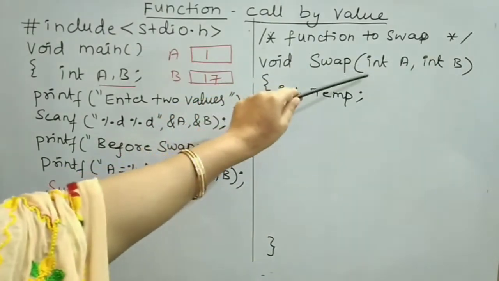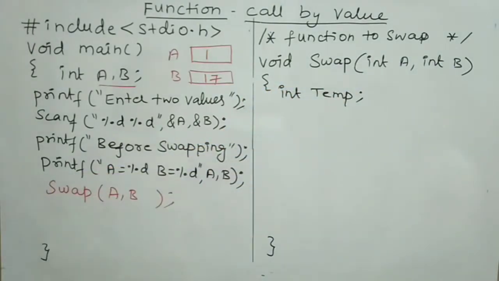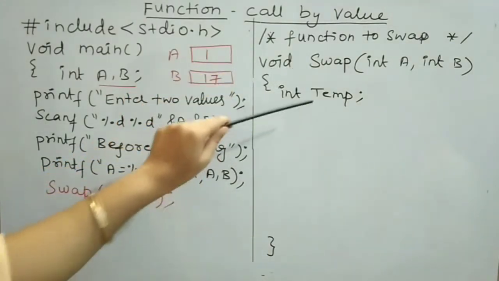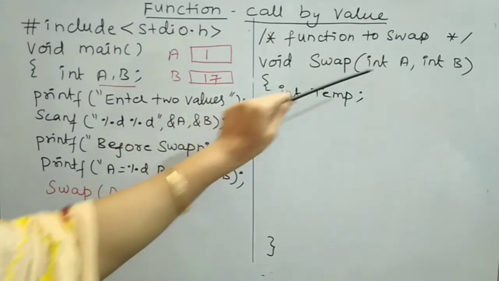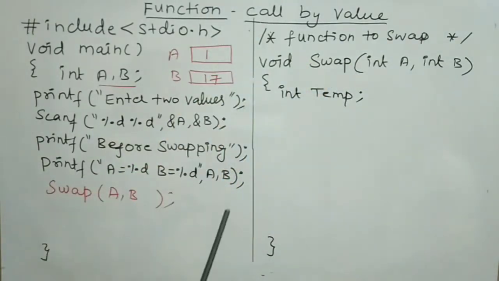In the function prototype as arguments, I have defined two variables a and b. Once the compiler sees its declaration and definition, it will allocate memory for those variables which are declared inside the function and in the function prototype.